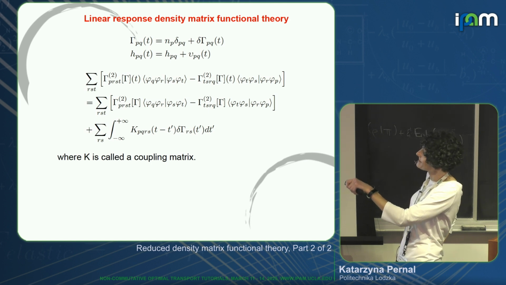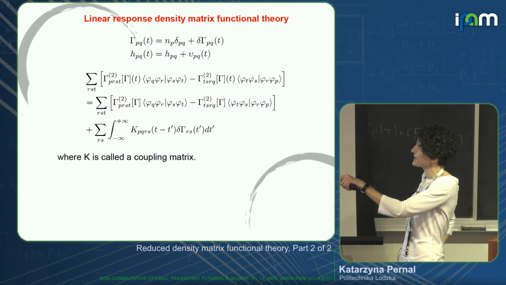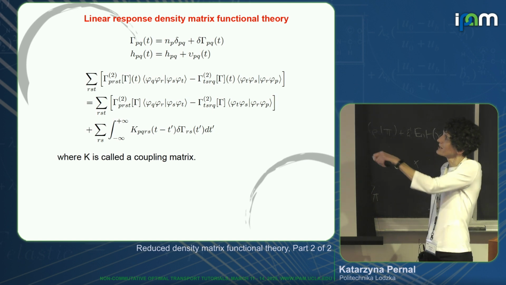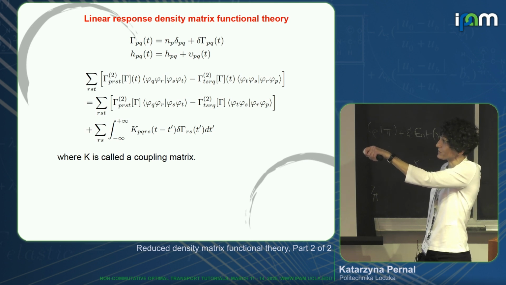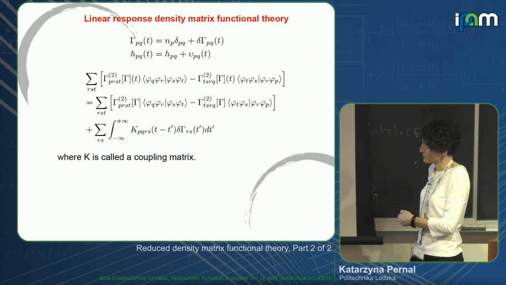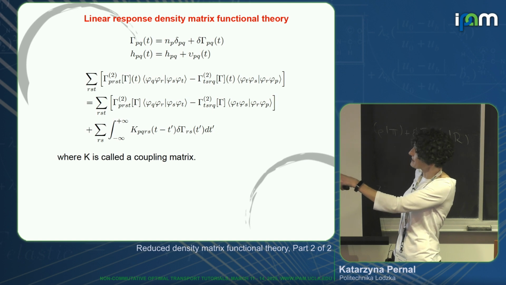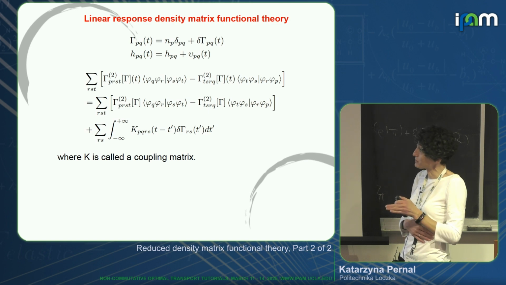If you remember, on the right-hand side we have a contraction of the 2 RDM, which is a functional of the 1 RDM, and the two-electron integrals. I didn't stop at the definition of those two-electron integrals, but if you are not familiar, it is the integral which involves the Coulomb operator and those orbitals, an integration with respect to r1 and r2. So we also have to expand this expression up to linear terms.